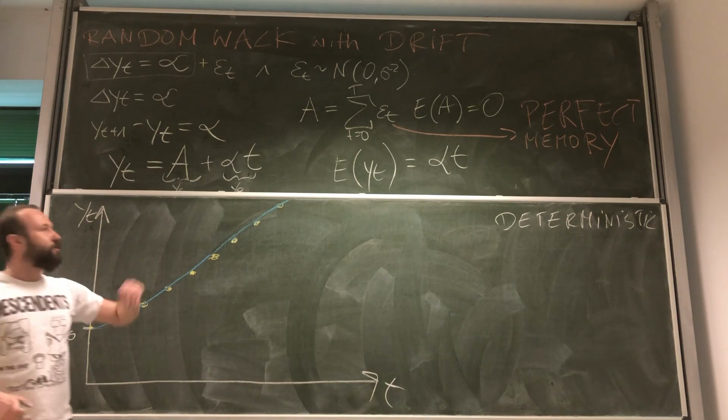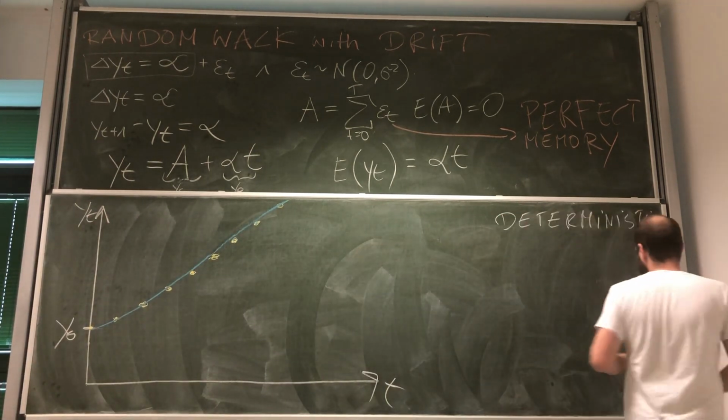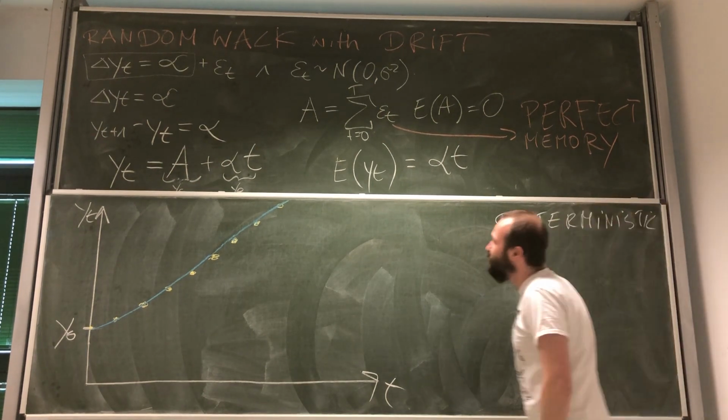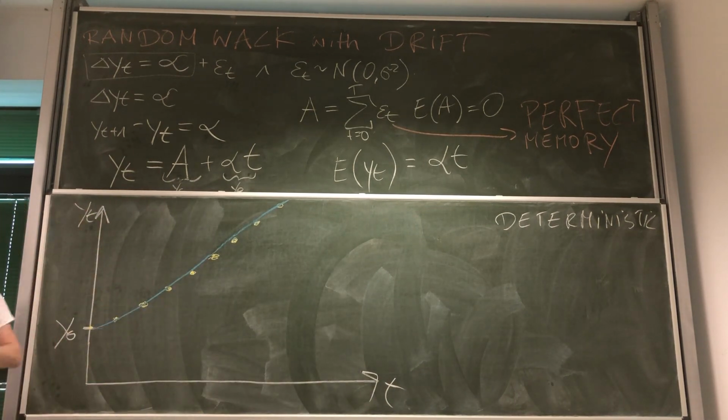We can get this deterministic trend from some economic growth model, for example, an estimated one, or like we did in this case, we are assuming that this is a simple linear function of time, and this is what we get.